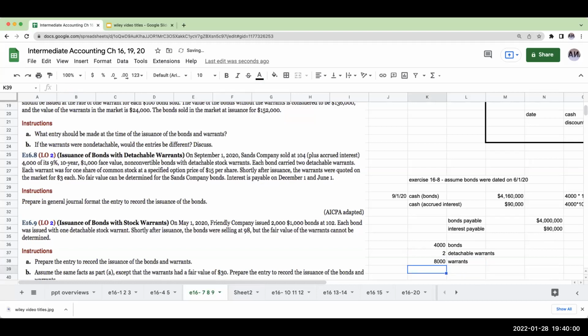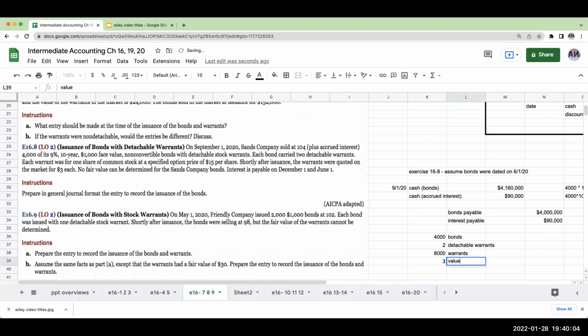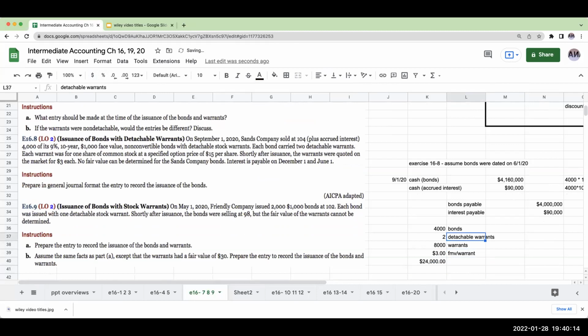We have 8,000 warrants over here at $3 each. So the total value of the warrants is going to be $24,000. This is going to be additional paid-in capital, stock warrants.